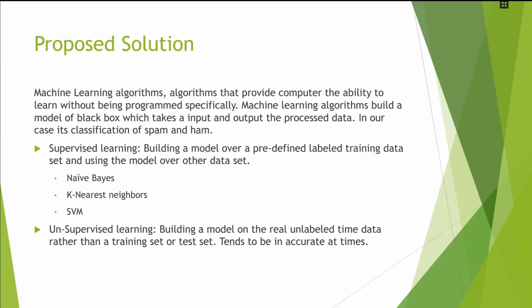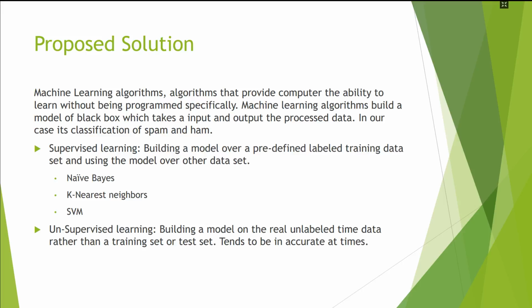In supervised learning, we build a model with labeled training data. So we have data which has the expected output. We build a model based on the expected output and the training data, and then use it on the real-time data set, which is easier and more accurate actually.